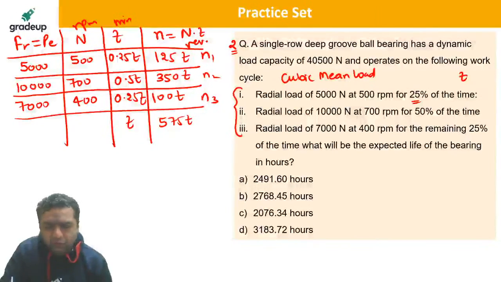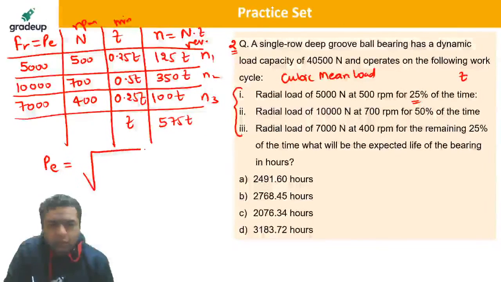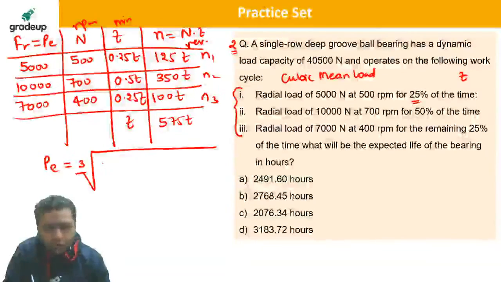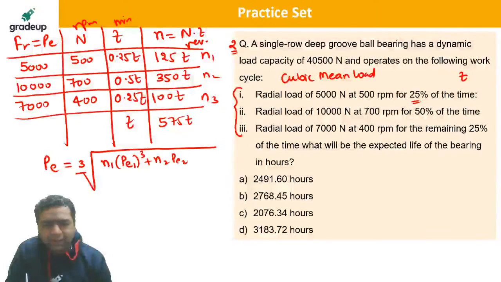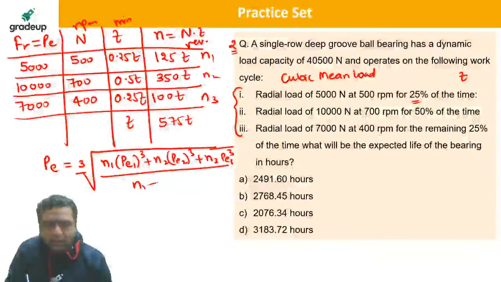Now what you need to do? You need to find out cubic mean load. Cubic mean load is nothing but the cube root of N1 PE1 cube plus N2 PE2 cube plus N3 PE3 cube, divided by N1 plus N2 plus N3.